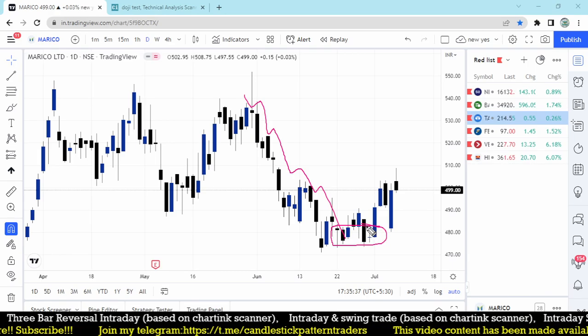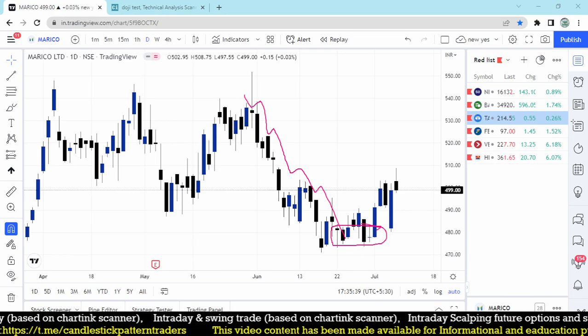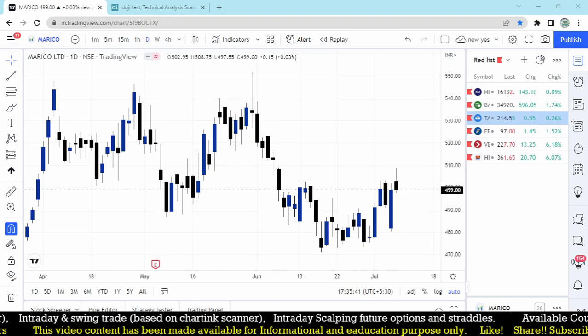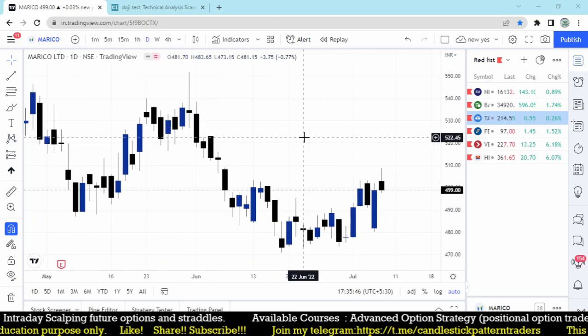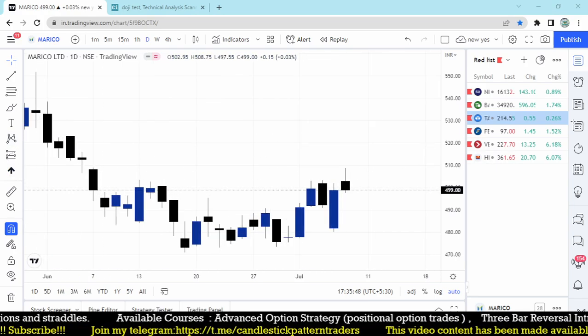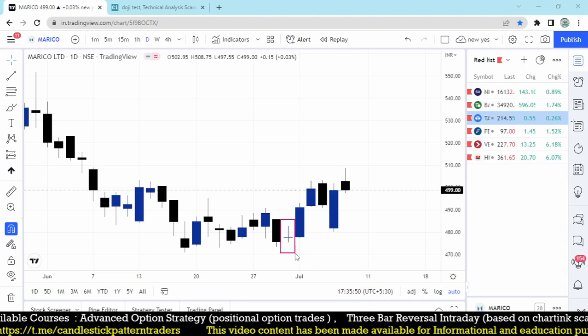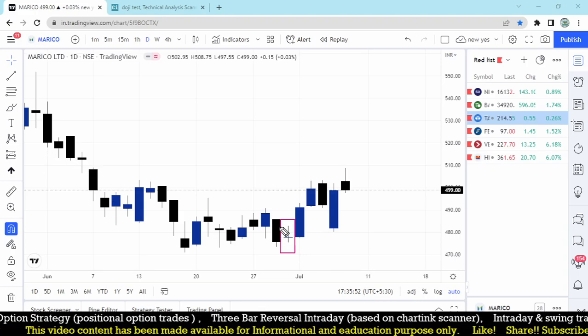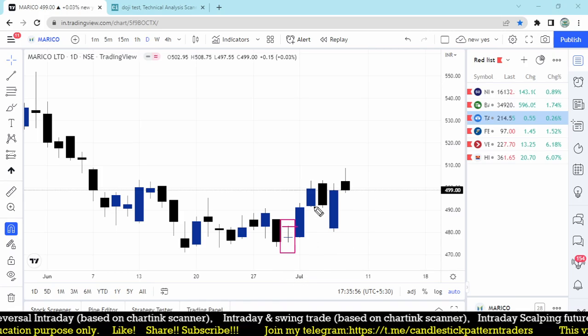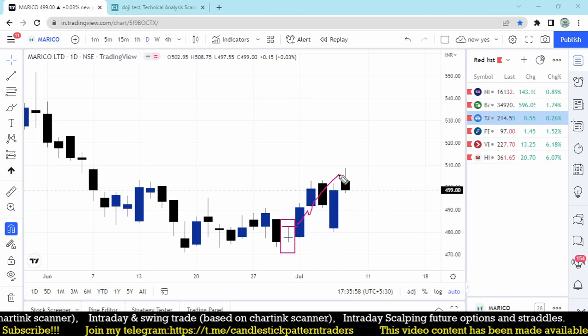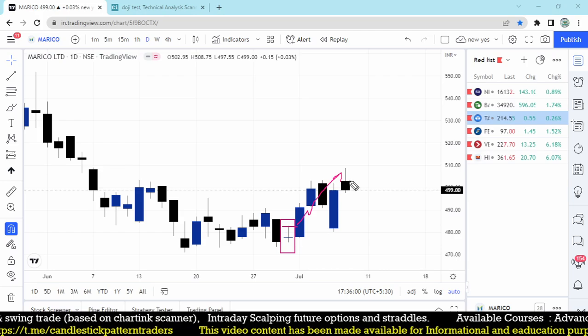A doji is an indecisive candle where the buyer and seller got confused, or the buyer and seller don't own the market, right? That is why we find a doji candle. After a day, when the doji's high is broken, it is a confirmation that the buyer can drag the market up. So that is happening here.